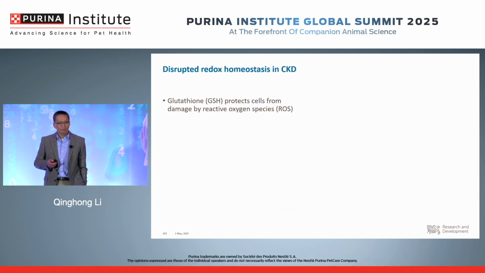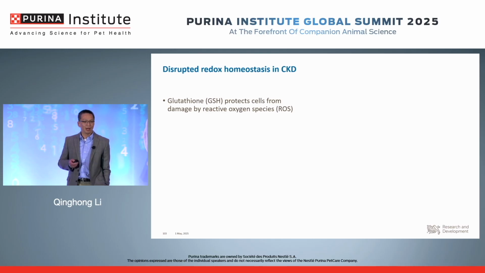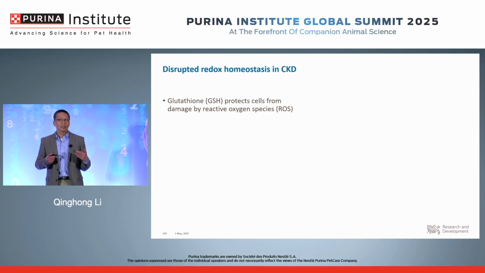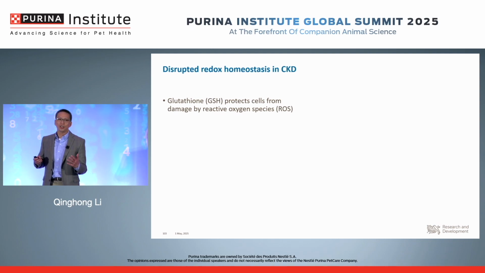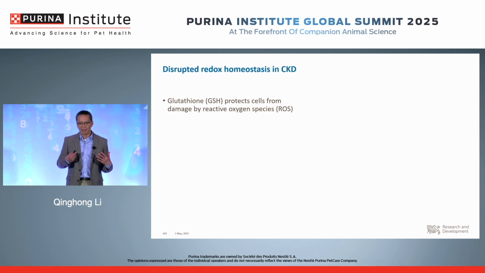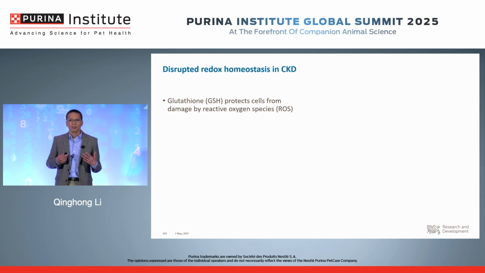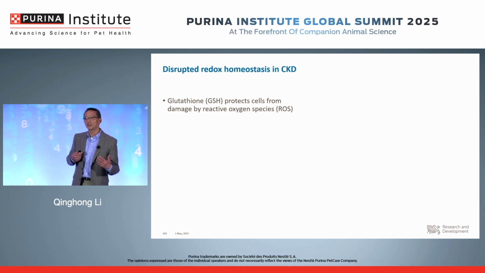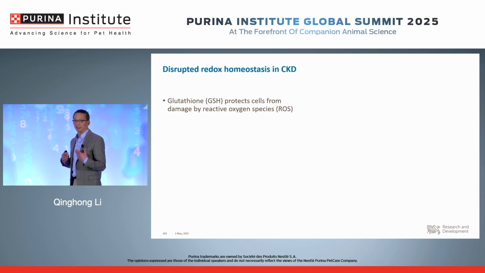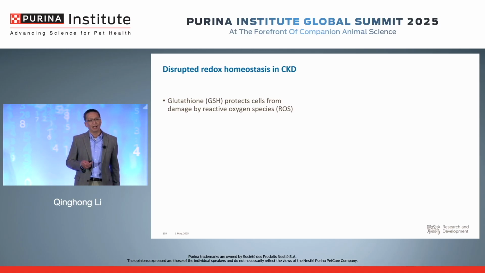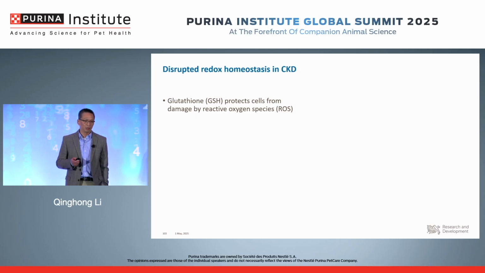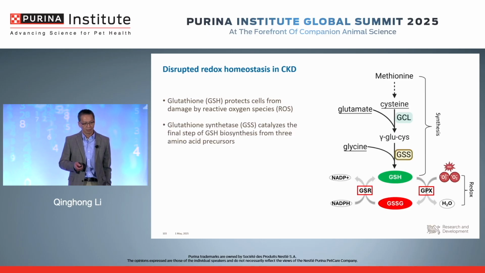Okay, so I may just spend a couple minutes to talk about redox. Because the kidney consumes a large amount of oxygen, it is very vulnerable to oxidative damage. The oxygen consumption can generate a lot of reactive oxygen species, and glutathione is a very well-known antioxidant.